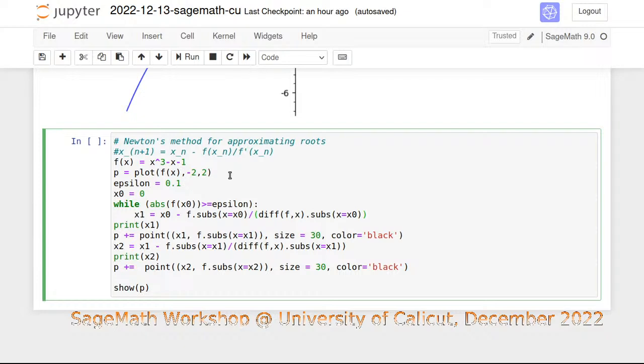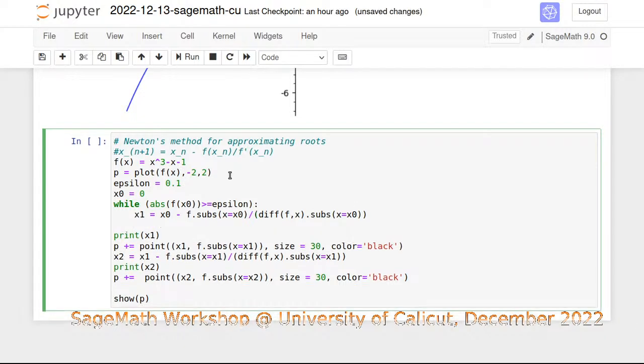So what is next? Now we need to interchange the value. We have a new x1. At the place of x0, we are going to use, instead of x0, the x1 value. Or here itself we can actually try x0 equal to the new x0. Right, this is good enough.